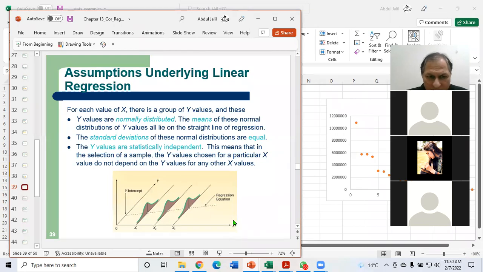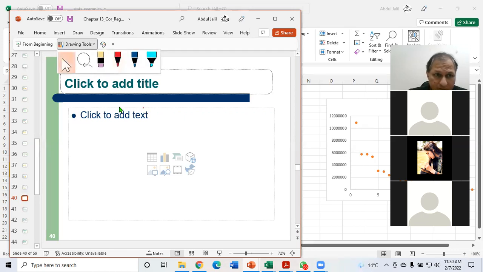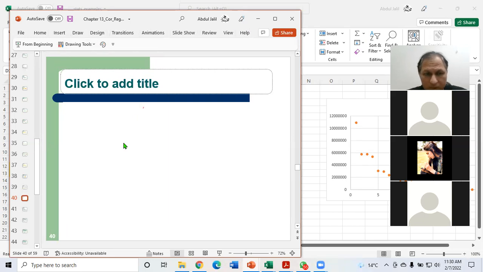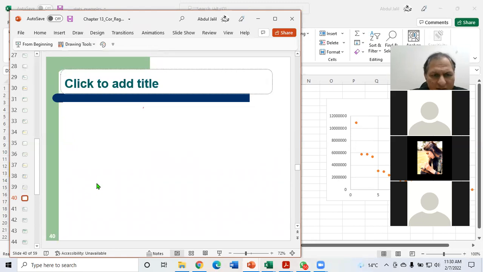It can be shown in this way. Suppose you have data values and you have this regression line, any kind of line, right? So the data values are spread, normally distributed along with that.